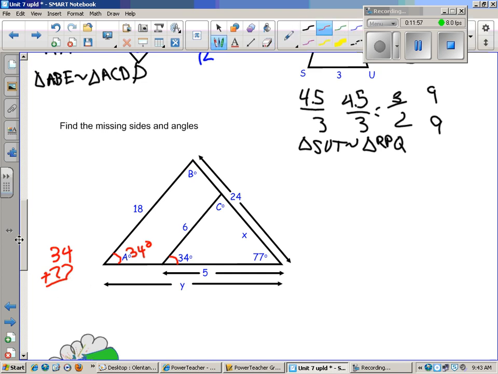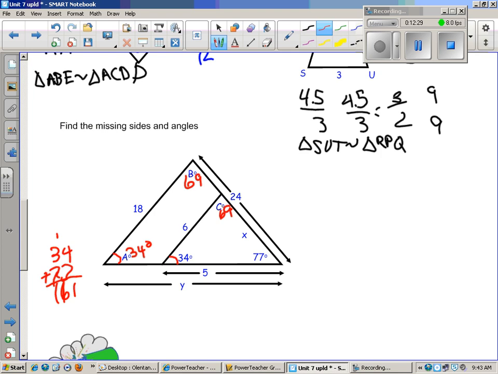I was multiplying. 111. Subtract that from 180, and you get 69. Is that right? Okay. So if C is 69, what's B? 69. They're the same, right? Angles are congruent in similar triangles.